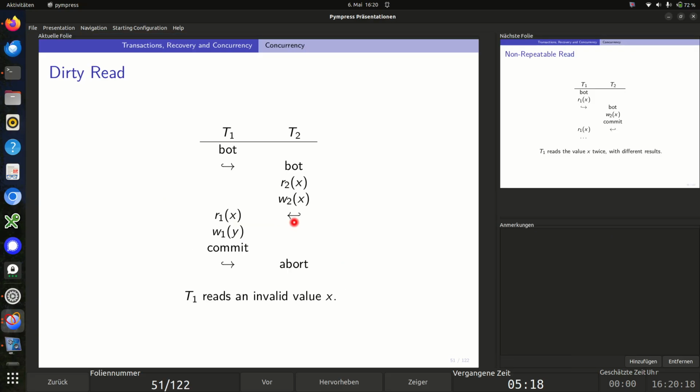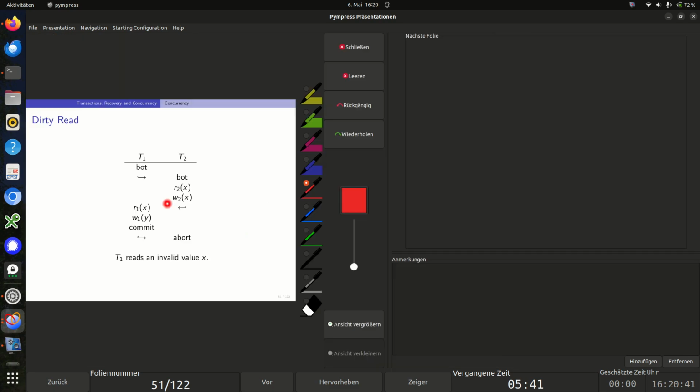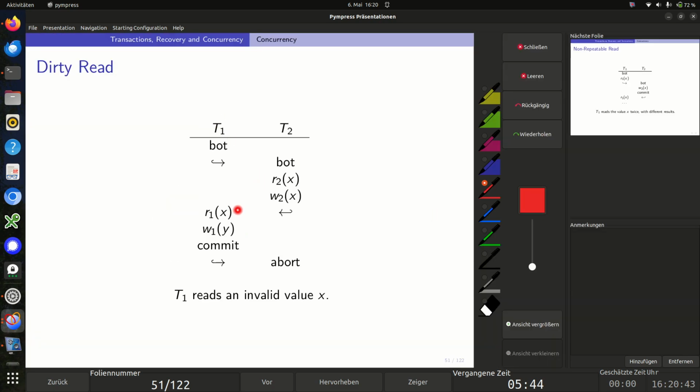The second one would be a dirty read. Here the transaction is doing something, and here you can see we read that, and finally transaction 2 aborts. So what does this mean? Normally, what would be the perfect way? Everything that we read, like here you have a read of another transaction.